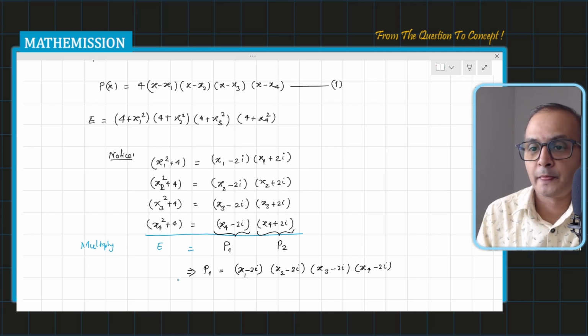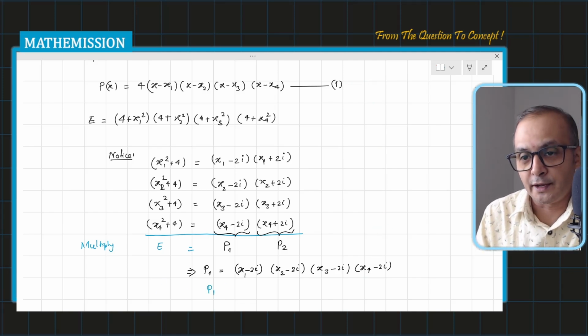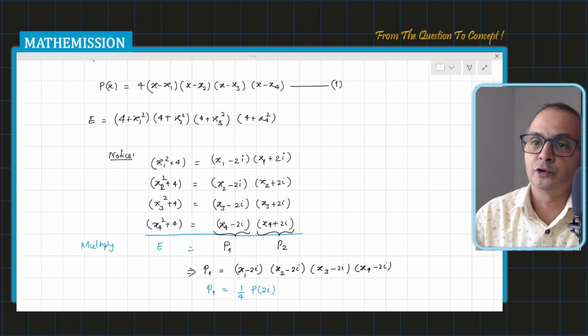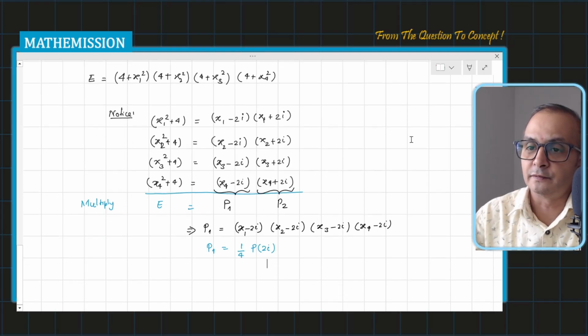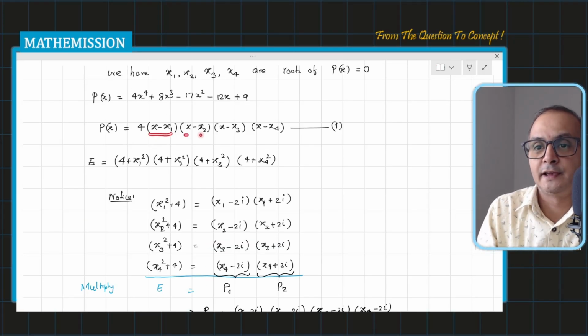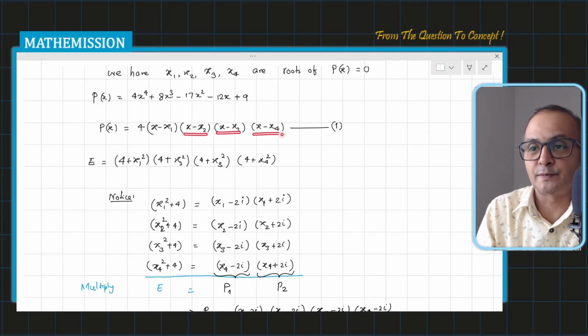How do we relate it? Can you see that P1 I can write as 1/4 of P at 2i? How do you know that? It's not difficult. We have (x minus x1), (x minus x2), (x minus x3), and (x minus x4).